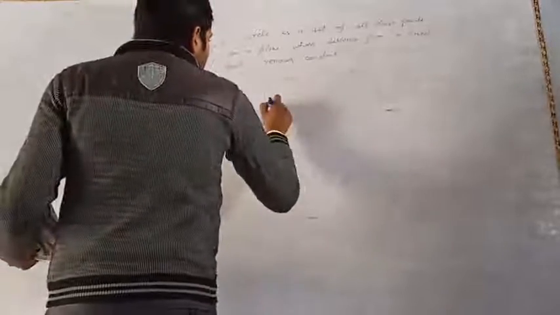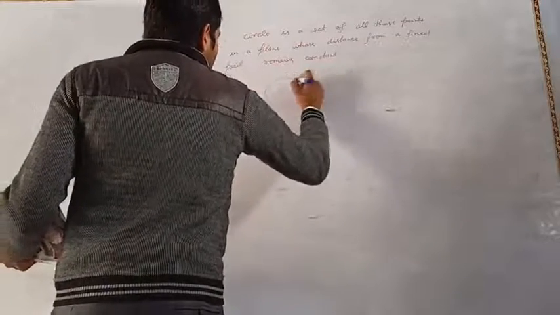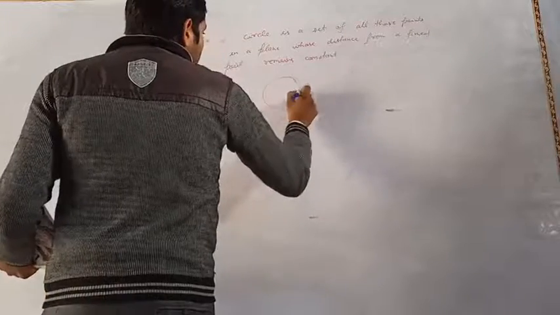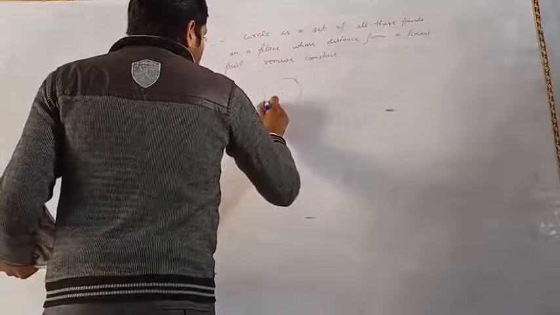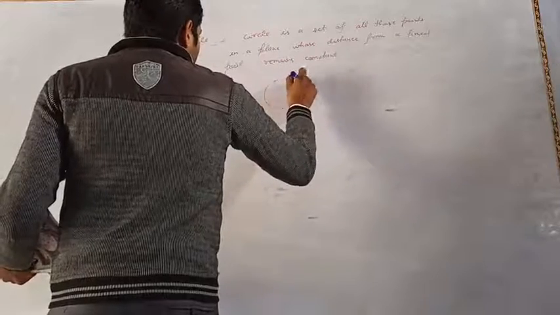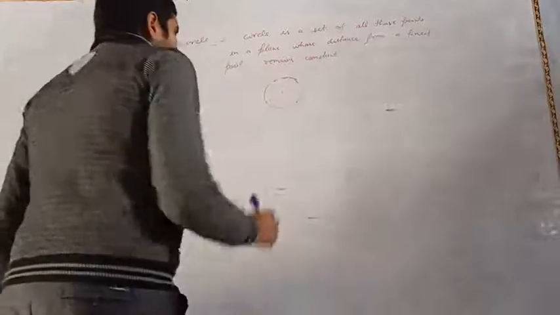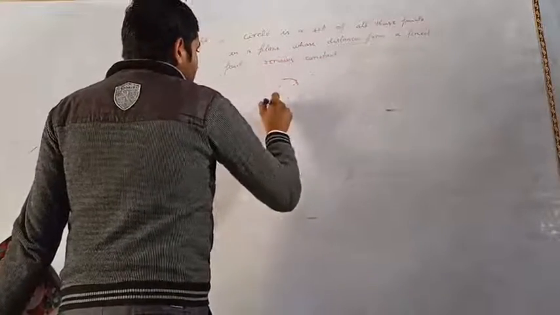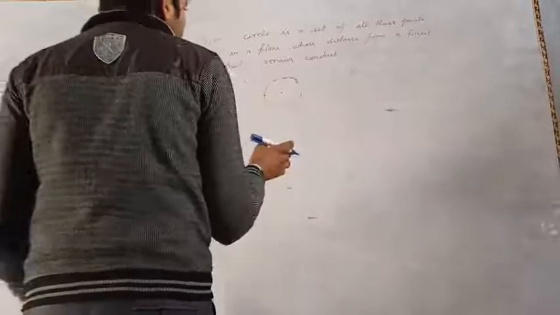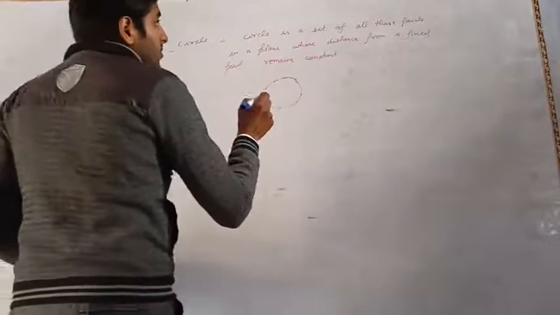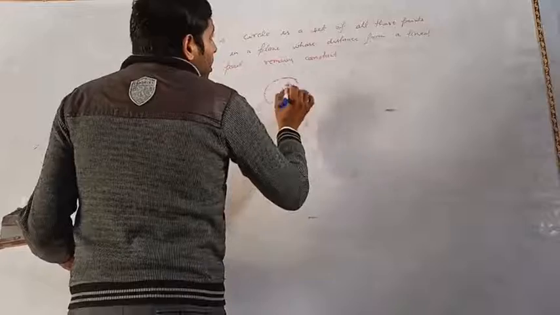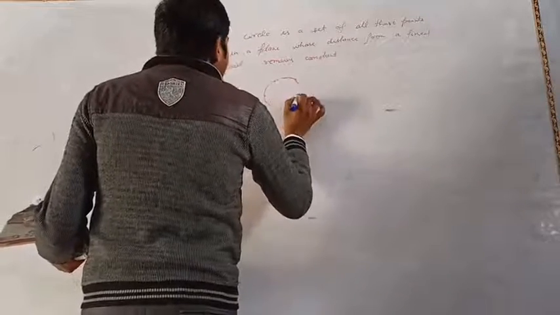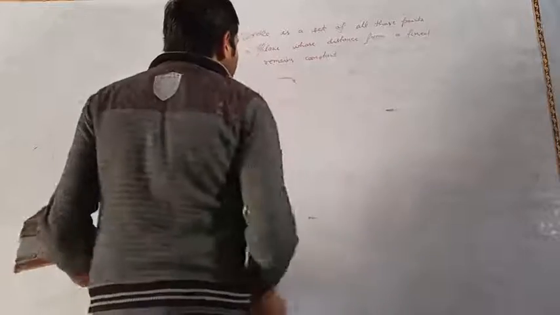Here you can see this circle. Here this is our center, and many points lie on the circumference of the circle, at a fixed distance from the fixed point, which remains constant.